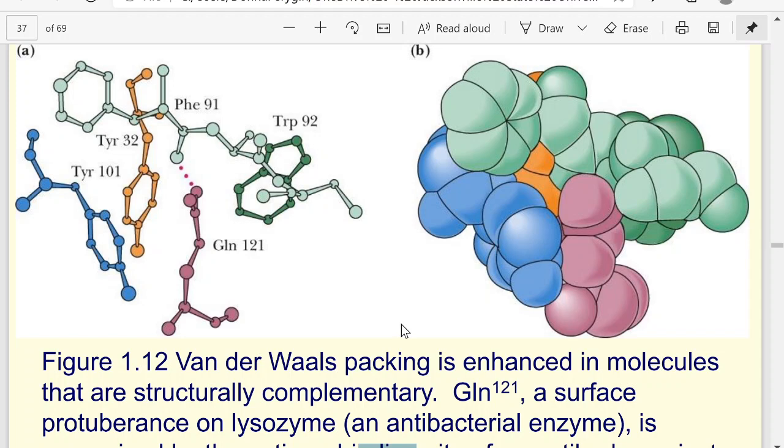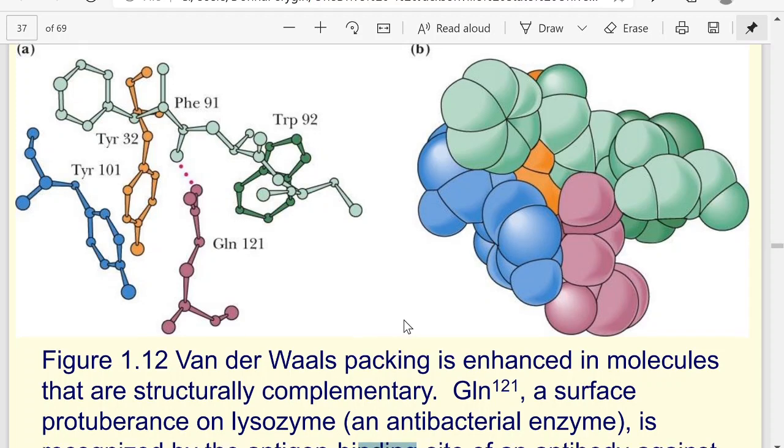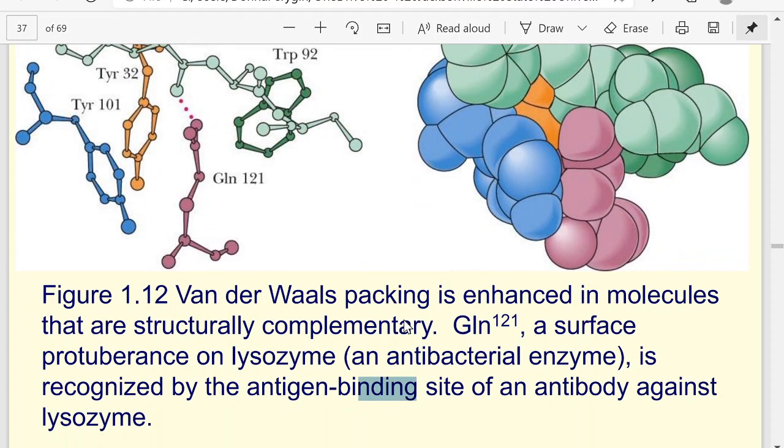And so we see a binding pocket where that antibody is attaching to the lysozyme, which is an antibacterial enzyme, trying to deactivate it so that it cannot be active against that particular bacteria.